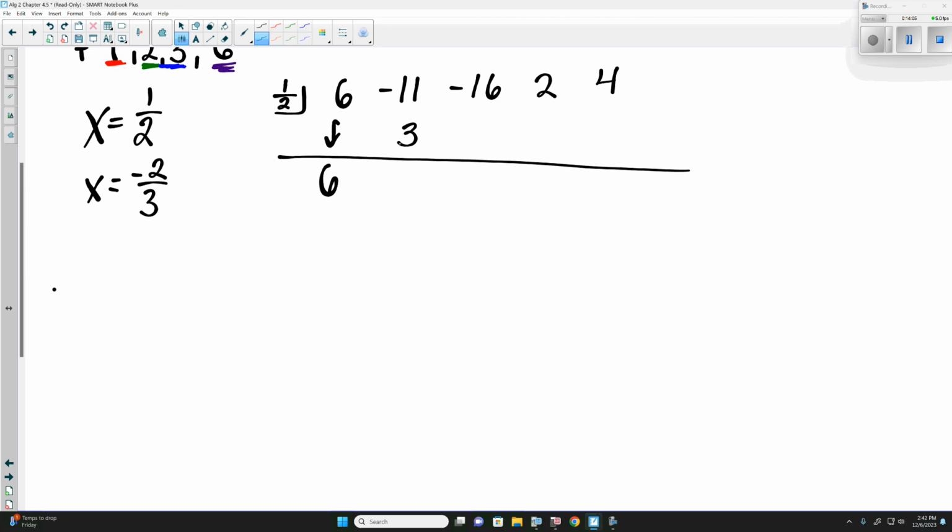Then you could hit plus negative 11, then we can say times 1/2, plus negative 16. Negative 20 times 1/2, plus 2, times 1/2, plus 4 is 0.